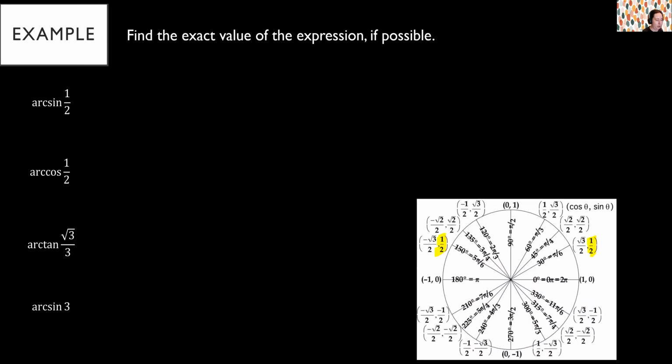If I go back here, we had two possibilities. 5 pi over 6 is not part of the range. So pi over 6 is going to be the actual output. Remember, the arc sine gives you your x or y value, and then outputs the angle associated with that. And we have to take into account the domain. So the answer here would be pi over 6, based off of where it is located on the unit circle.